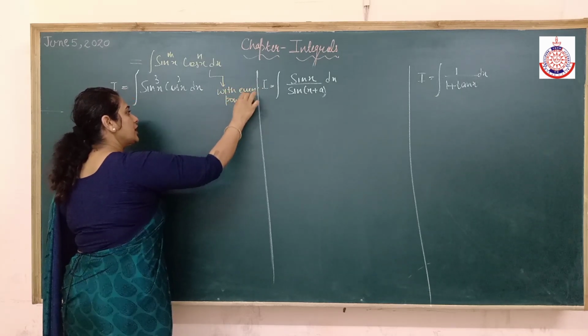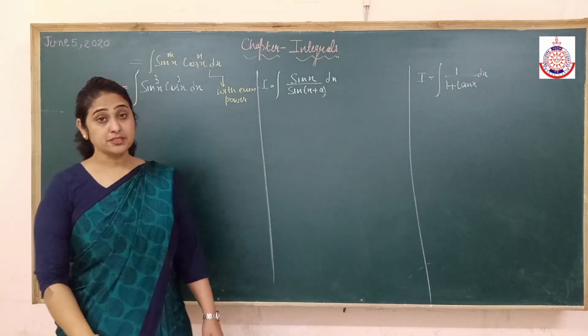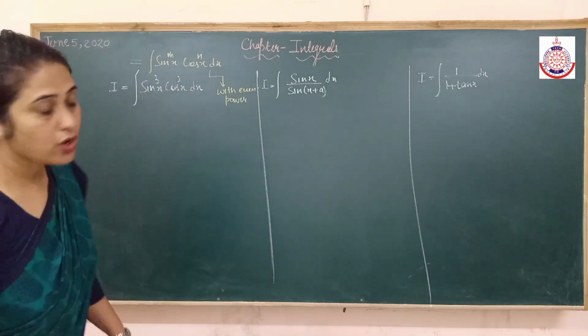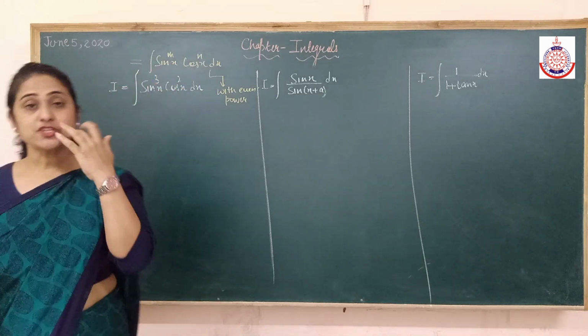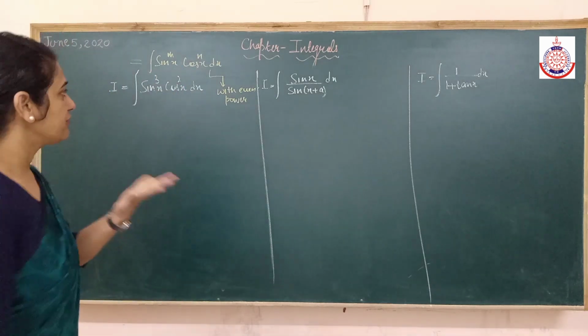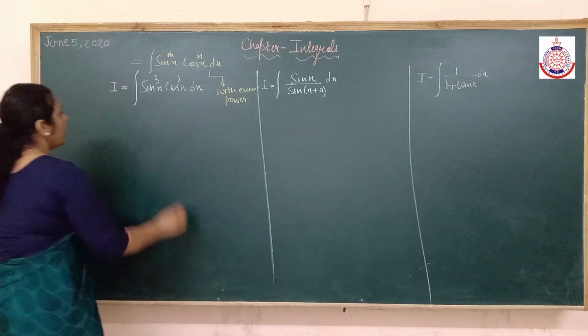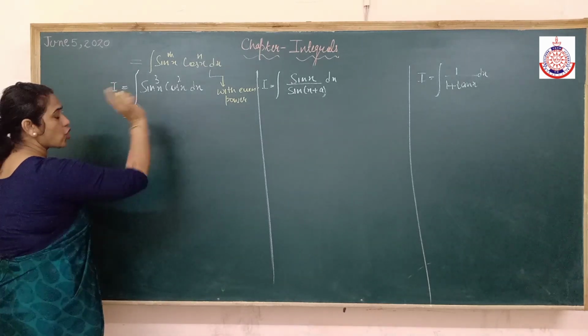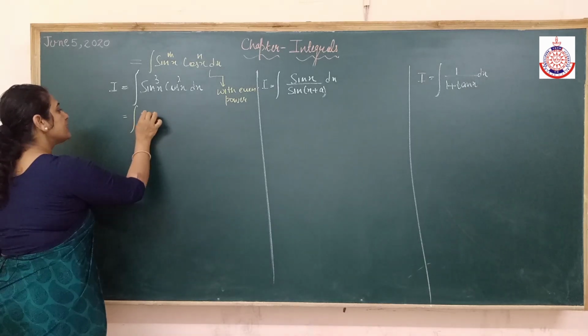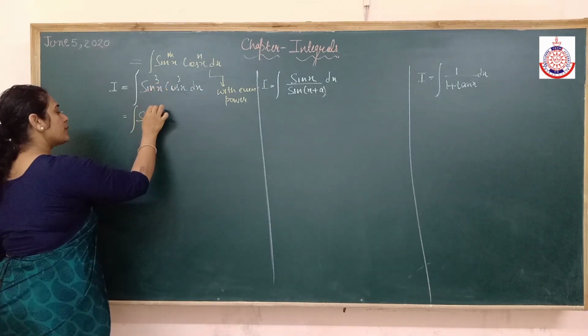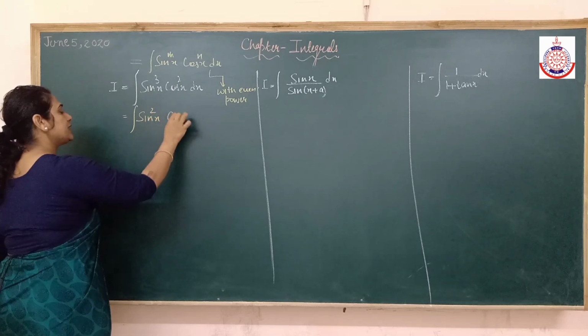With even power, that makes the question easier. Alright, if you have a function where one is odd, one is even, try to put the one with the even power. I'll tell you the reason. Here cos has an even power, so my preference is to put cos. Clear? Reason: can I write this sine cube as sine square into sine?